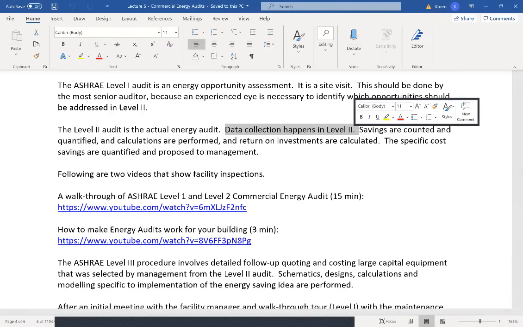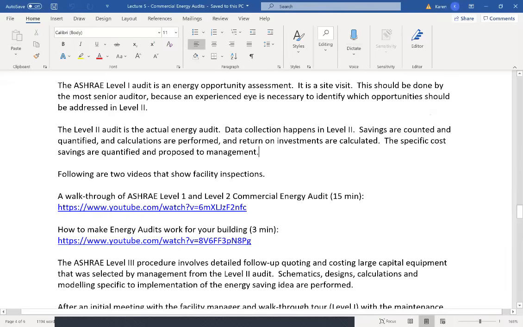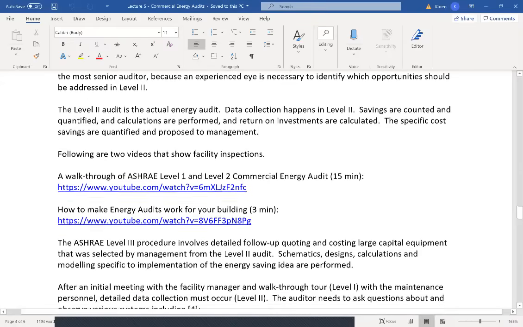So you don't need the most experienced person to collect the data. You need the most experienced person in level 1 to identify which data needs to be collected in level 2. So in level 2, you collect all of your data, then you calculate your savings, the calculations that we were doing in week 1, 2, and 3, so that you can do your energy accounting and propose these changes to management.